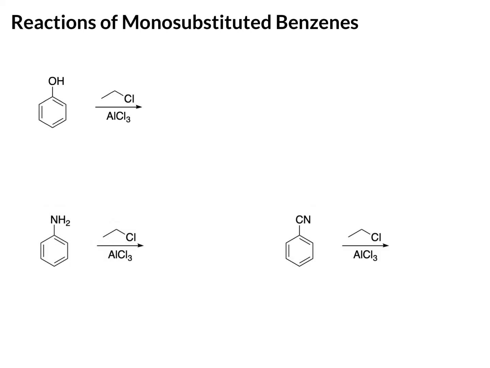In this top example, we have phenol, which is a strong activating group. It's also an ortho-para director. And we're doing a Friedel-Crafts alkylation. So in this case, we're going to get a product with the phenol that has the ethyl group from the Friedel-Crafts, and that's going to be added to the ortho position, and then we'll get a second product where it's added to the para position.